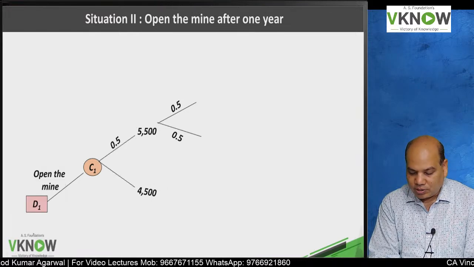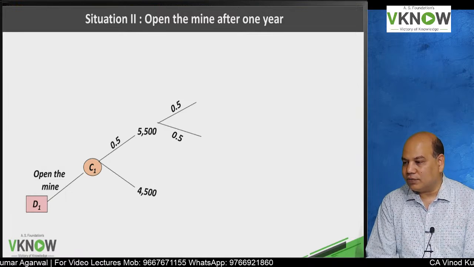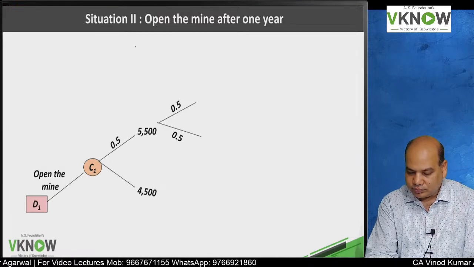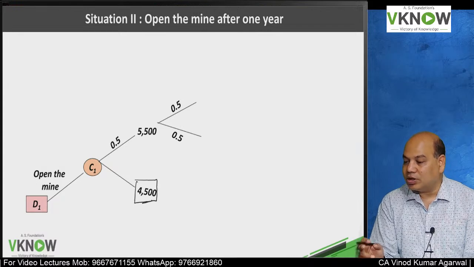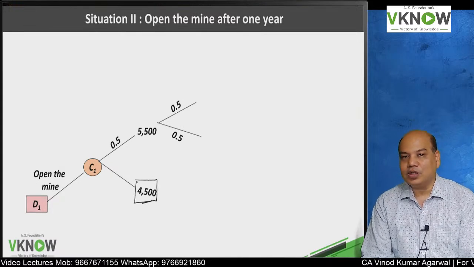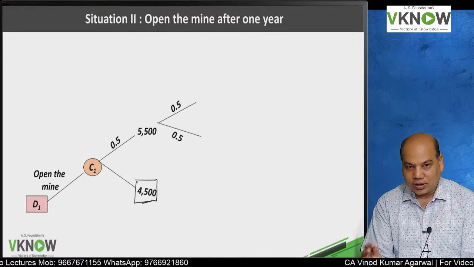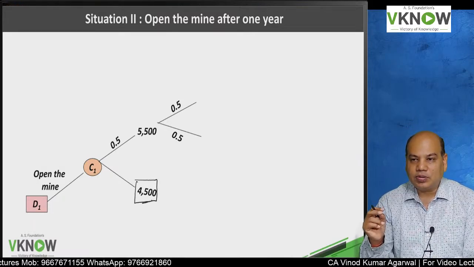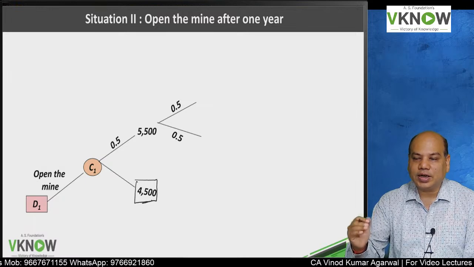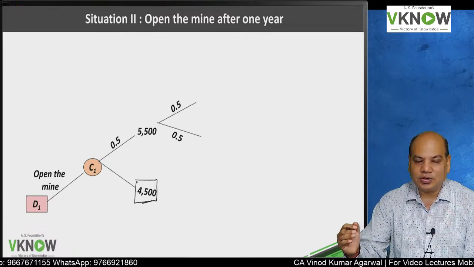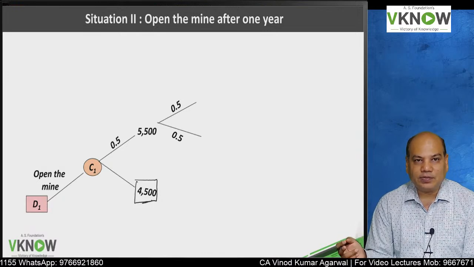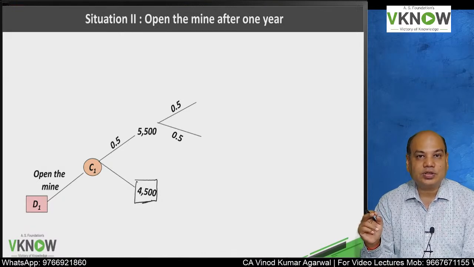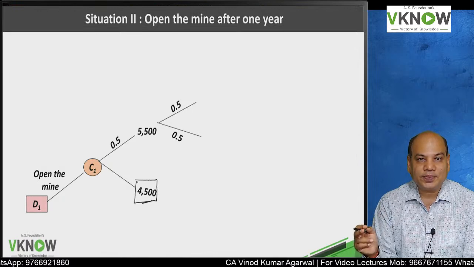Would you even think of opening the mine after getting 4,500 after 1 year? The answer will be no, because my expected price for the second year, third year, fourth year would be 4,500, but the extraction cost is 4,600.